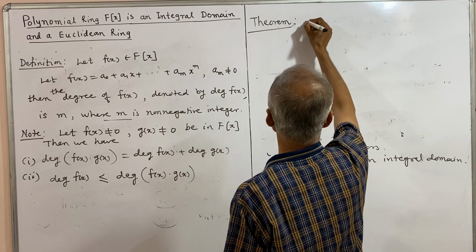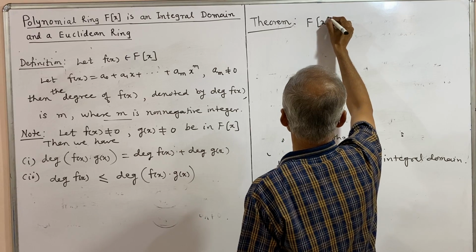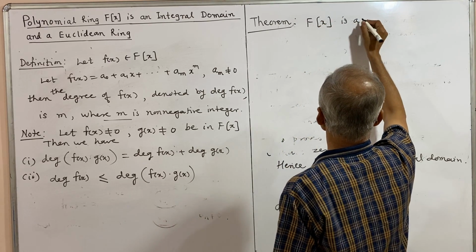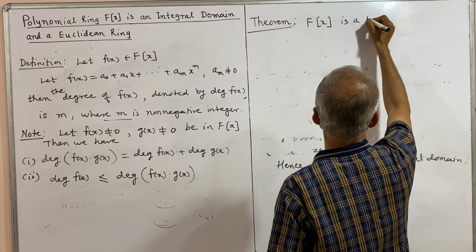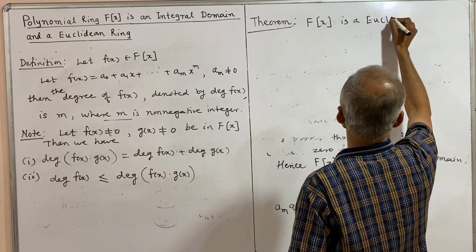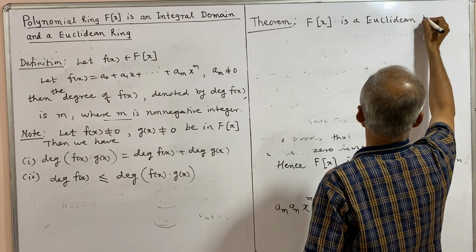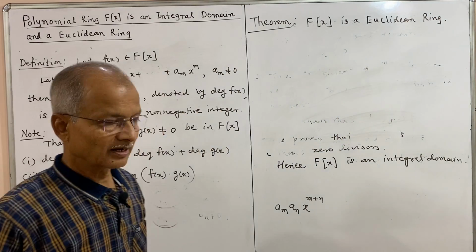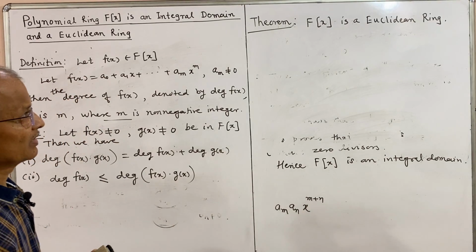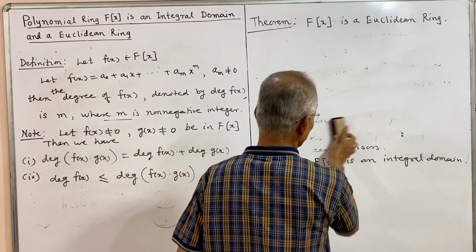That is, F[x] is a Euclidean ring. It is a polynomial ring, and we shall prove it is also a Euclidean ring.